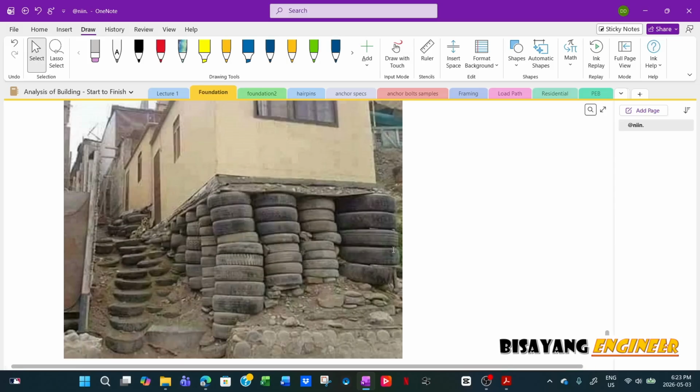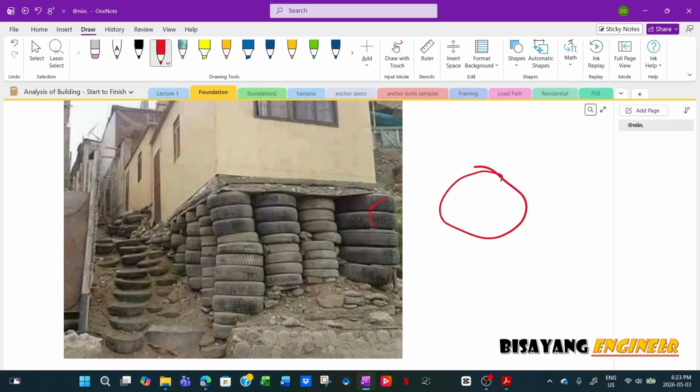I had a discussion with another engineer on my page, an engineer in Quebec, because we were both interested in how to analyze this one. I told him that when you design this, it's more like the stiffness of the tire, because it depends if this is a summer tire or winter tire, so the stiffness is different.